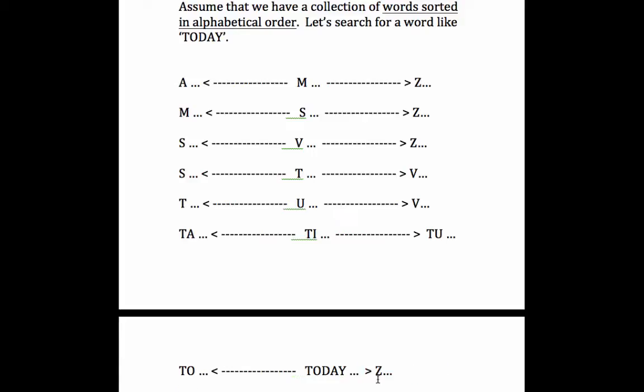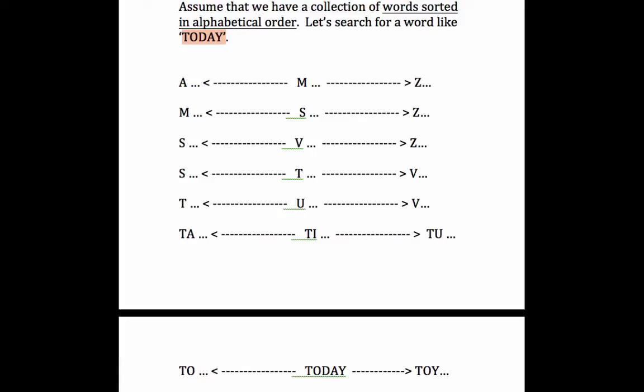And then I'm going to have the word toy. Last iteration of the algorithm, find the middle value. The middle value happens to be today. Does that match the word I'm looking for? Yes, I found the word, I know what it is. Now I can do whatever I need to do or discuss the definition, etc., but I'm done.